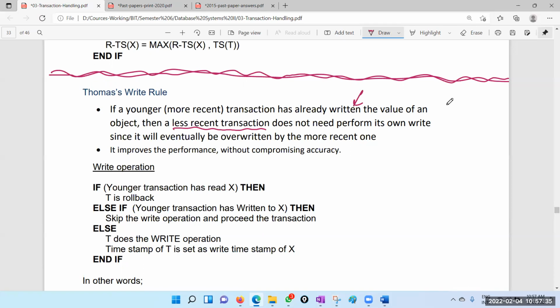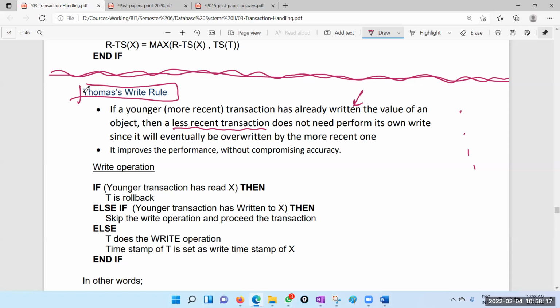If a younger transaction has already written to that resource, and another transaction comes to write that resource, you don't have to do your write. You can just ignore writing and proceed with your other tasks. You don't have to change the timestamp and you don't have to do the write. You come to write the value, but you don't update it. You just consider that you have written it and proceed with other tasks. So that is what the Thomas Write Rule says.